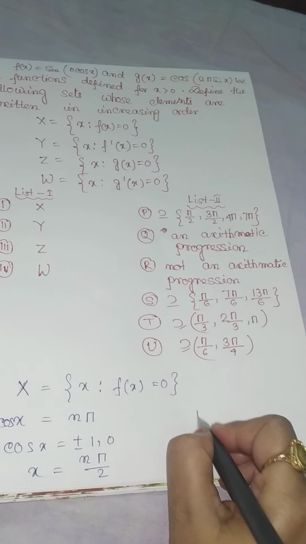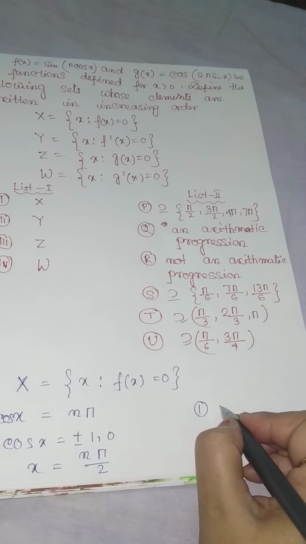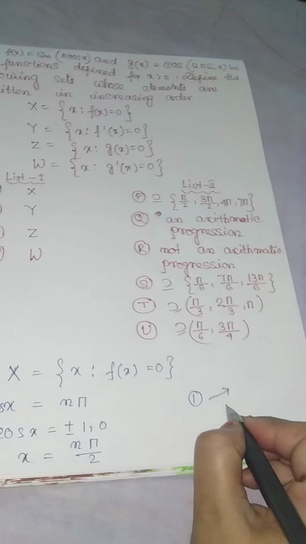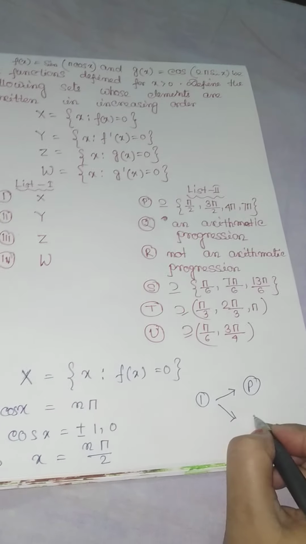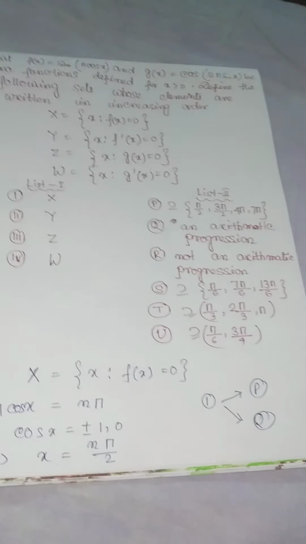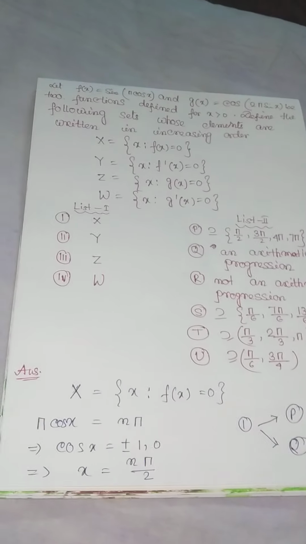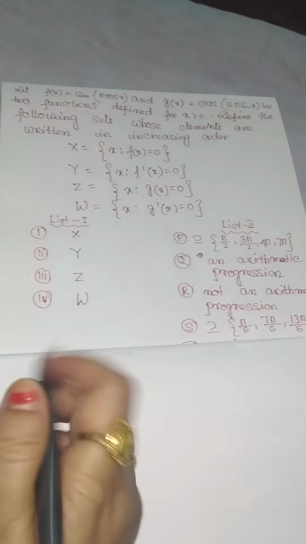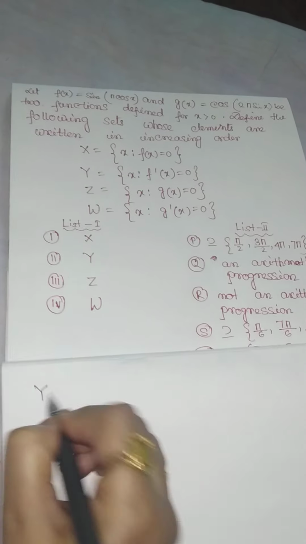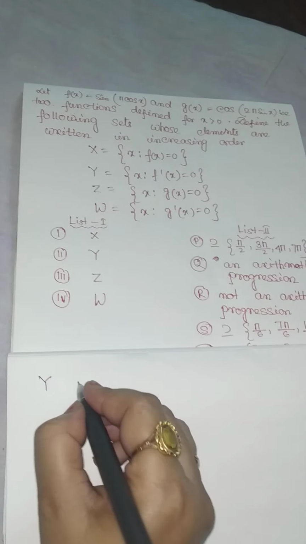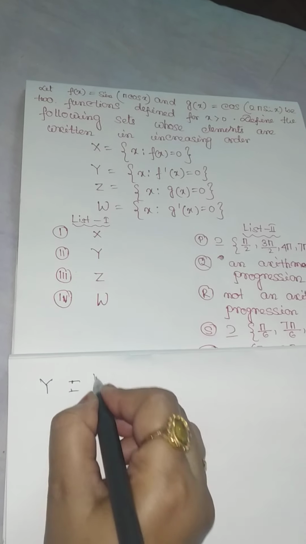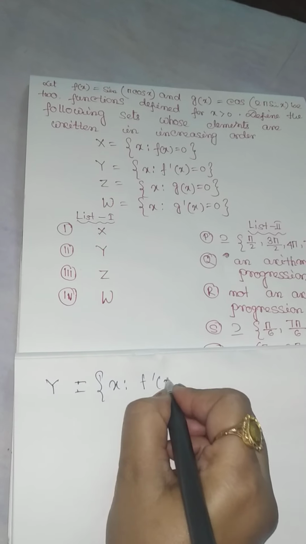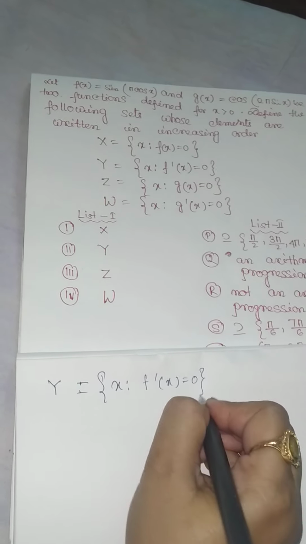Therefore, option 1 has two matching options, P and Q. Now moving to Y, which is the set of x where f'(x) = 0.